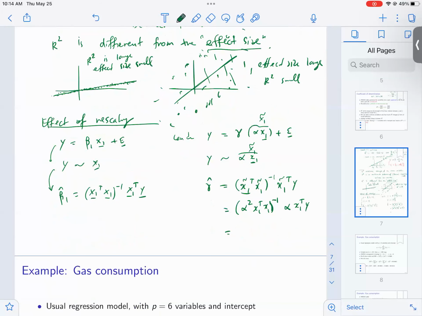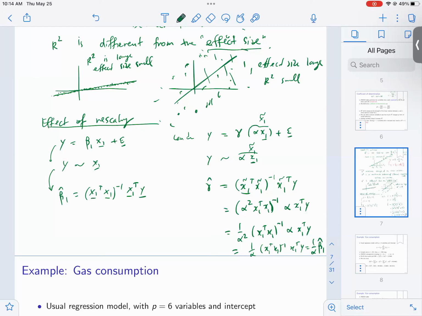One alpha comes out, right? I get 1 over alpha squared. It's a scalar. So what do I get? 1 over alpha times X1 transpose X1 inverse X1 transpose Y, which is 1 over alpha times beta hat 1.